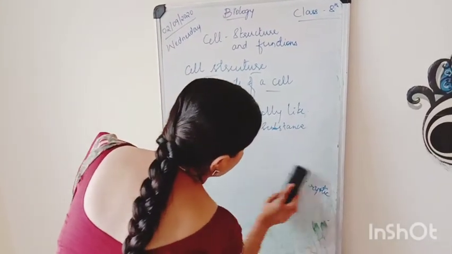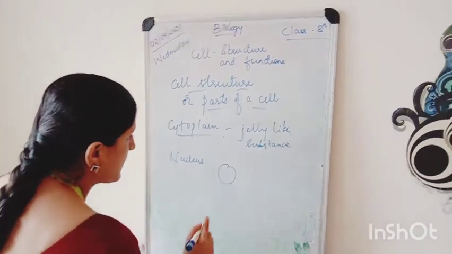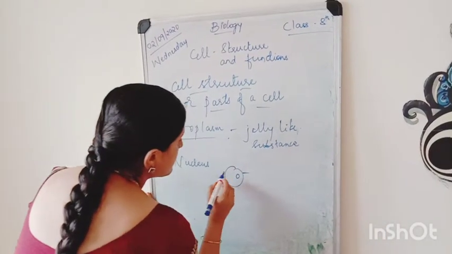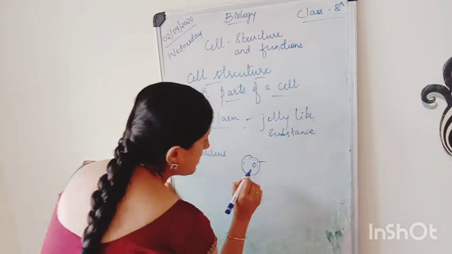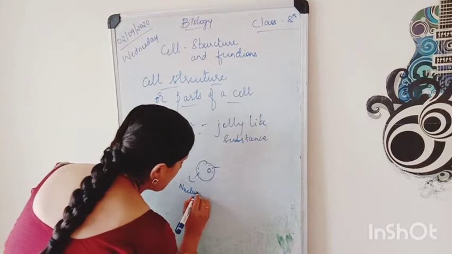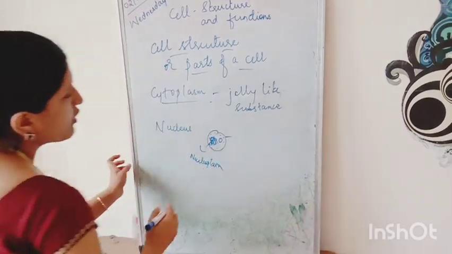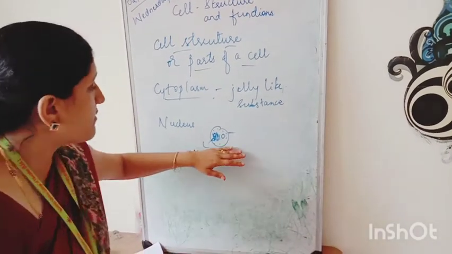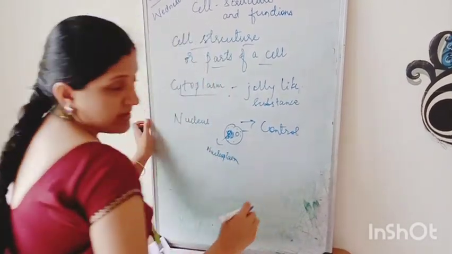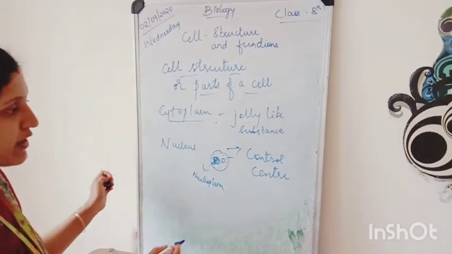Again, in the case of the nucleus, I'll just draw the structure of a nucleus here. This is the nucleus, the nuclear membrane, and then the nucleolus. The jelly-like substance here is called nucleoplasm, and then there are suspended genes, let's say chromosomes. The nucleus is the one controlling all the organelles in our cell, that's why we call it the control center of a cell.